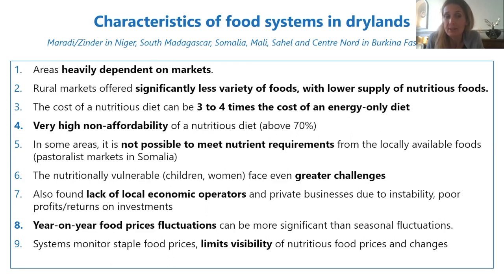In some areas, it was not even possible to meet the nutrient requirements of an entire household from the locally available foods. That was seen particularly in some pastoralist markets in Somalia. Where a nutritious diet is not affordable to most, here is where we have the nutritionally vulnerable children, women, and adolescent girls who face even greater challenges to meet their needs.